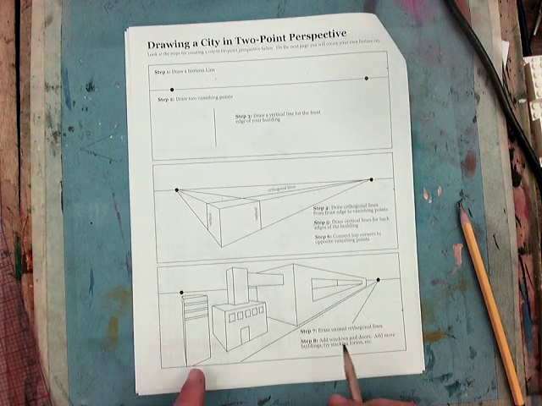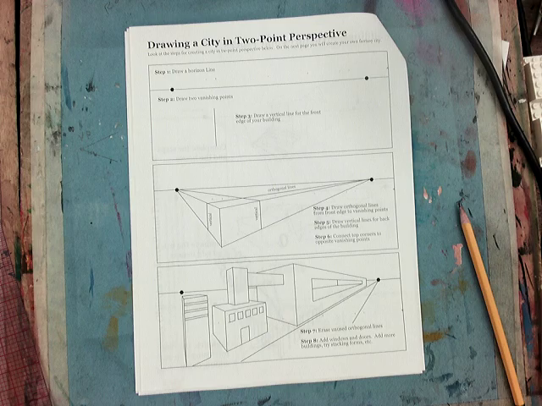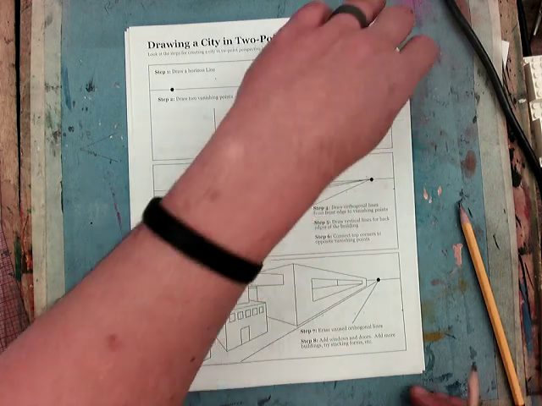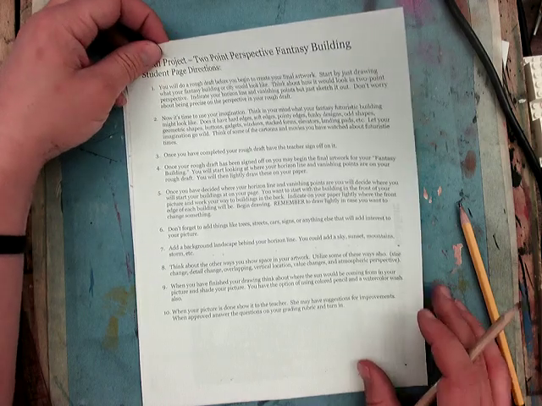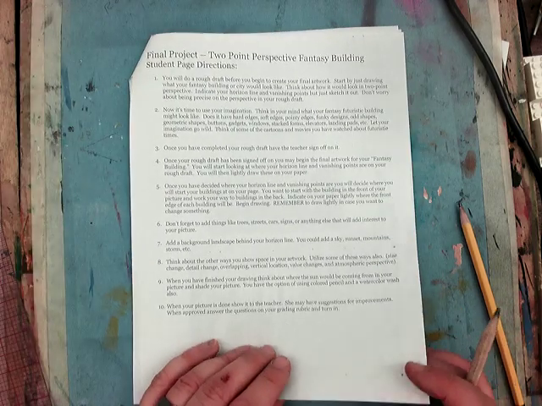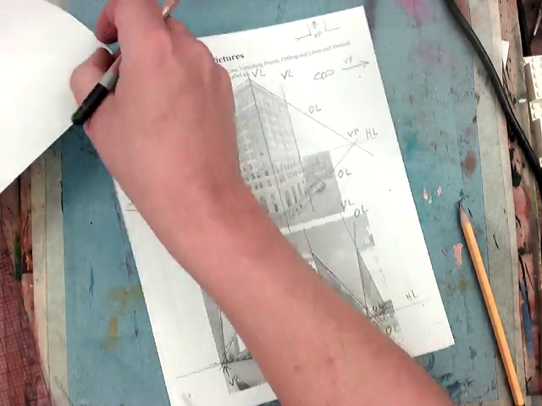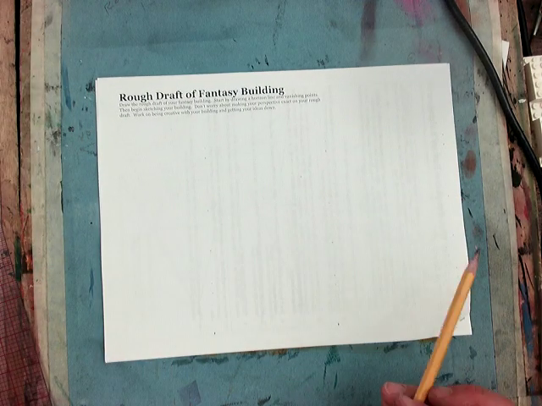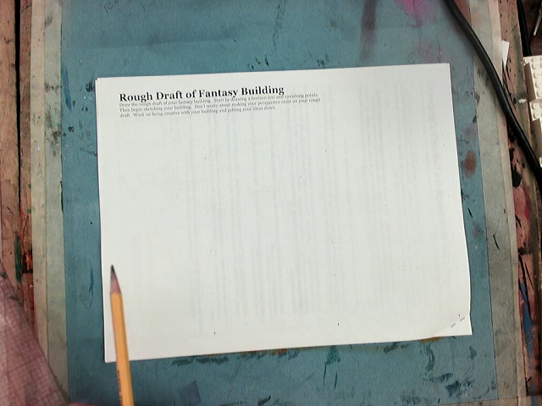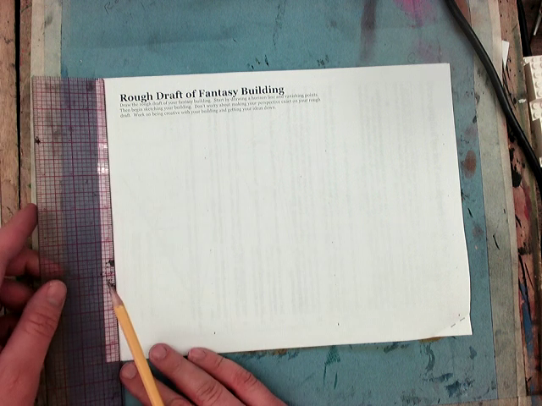All right. So here's some instructions for drawing your city. On the back, 1 point perspective. All right. So this is going to be your 2-point perspective.